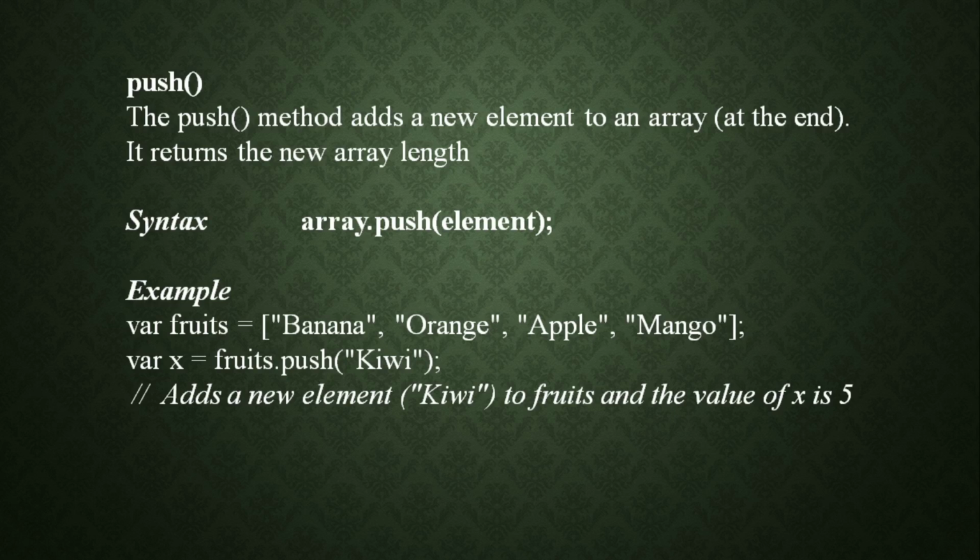This returns the new array length. Here our size before push is 4: apple, orange, banana, mango. Now I am using the push function, fruits dot push of kiwi. Now it adds a new element to our array. Now the length value is 5.